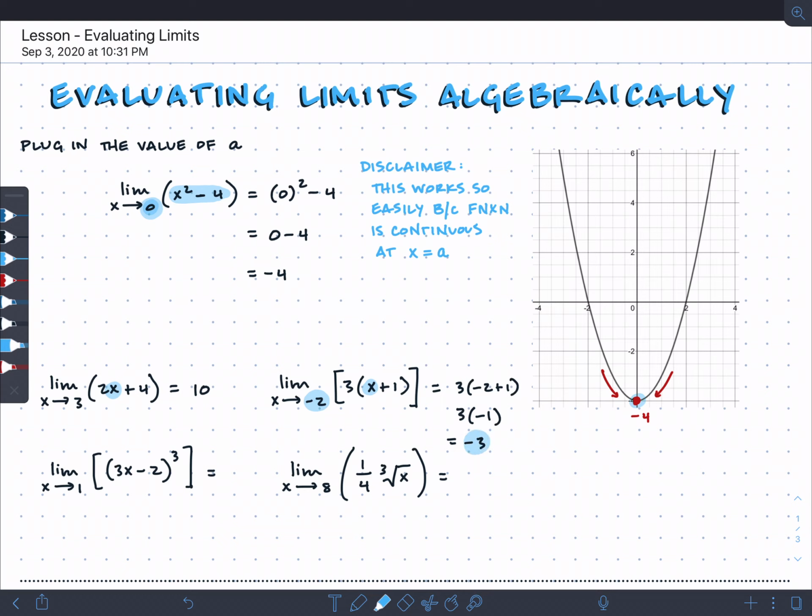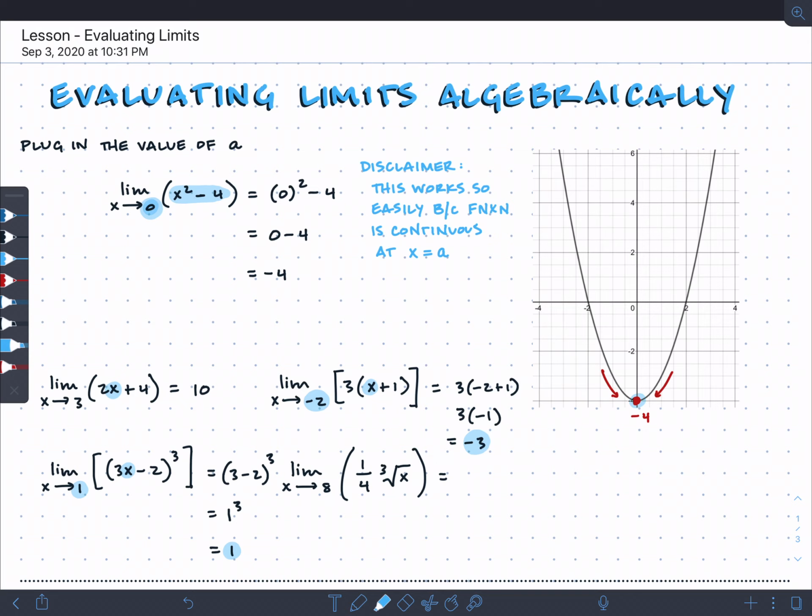Okay. 3x minus 2 cubed, that's a continuous function, so I can substitute 1 in for x, and we have 3 times 1 is 3, minus 2 cubed equals 1 cubed equals 1. So far, piece of cake.